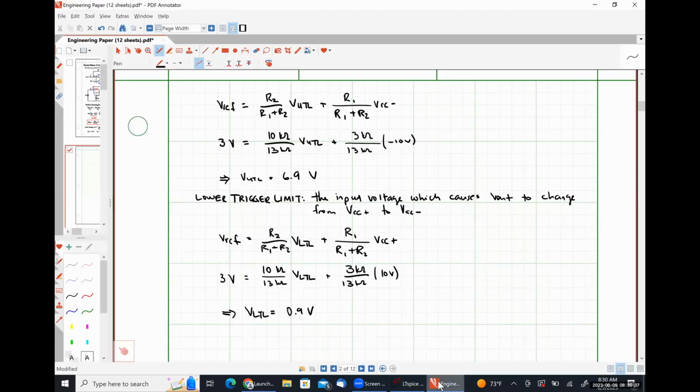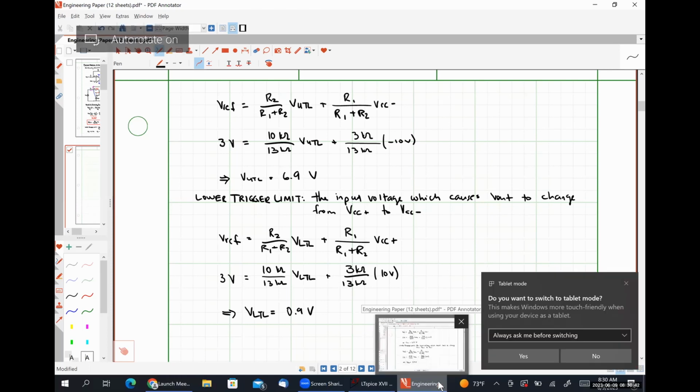So now let's look at an inverting Schmitt trigger circuit.